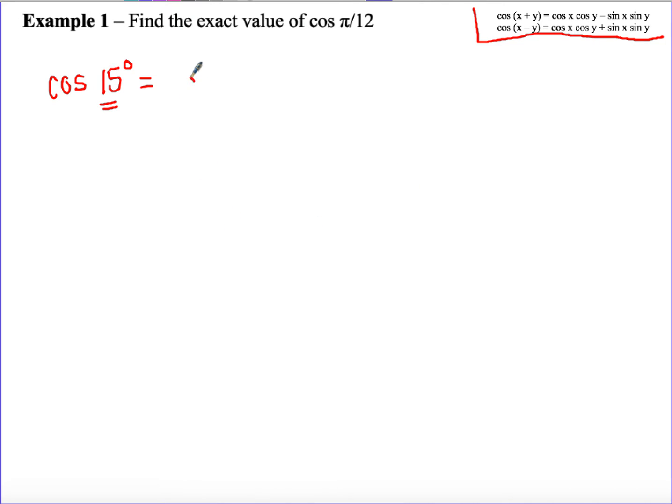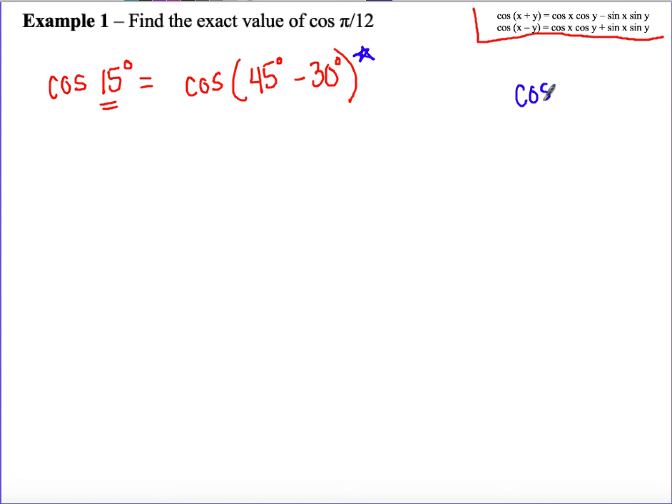So the cosine of 15, one option I would have is to use a 45-degree angle and a 30-degree angle. But remember that there's more than one choice that's going to get us to 15 degrees. So another option just off to the side, I'm going to leave this one here because that's the one I'm going to use as I expand it.